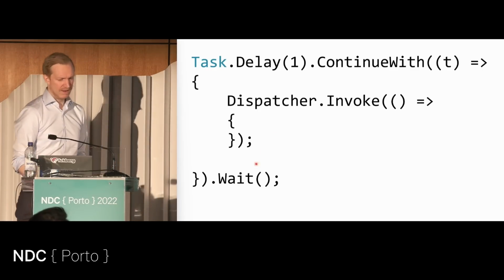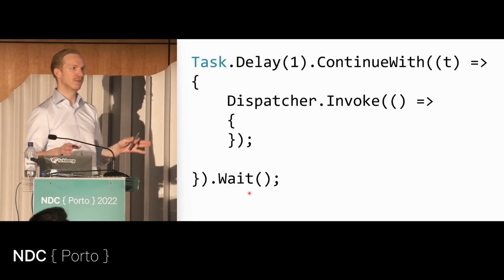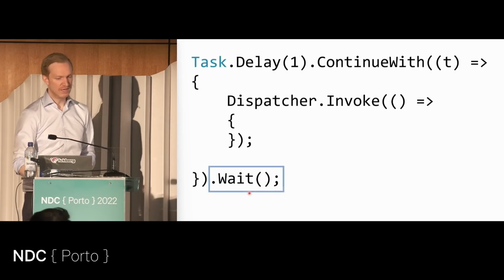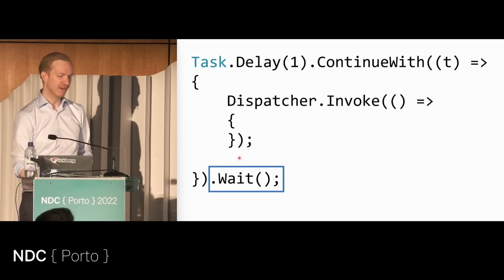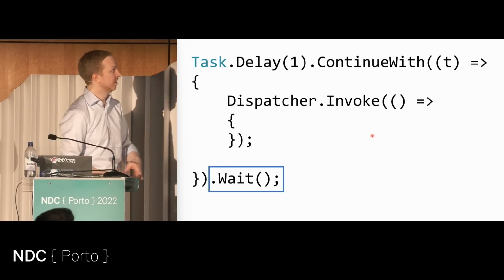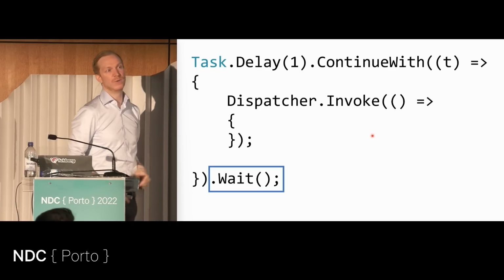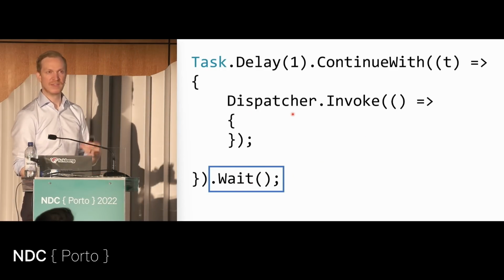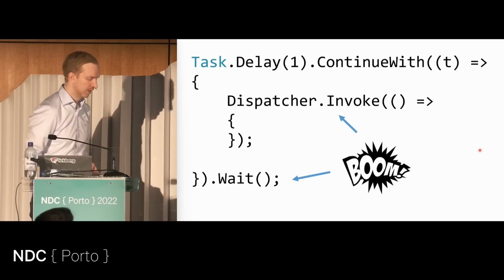But then, at the bottom here, I also say that I want to block until all of this is done. Because I'm adding the wait after this continue with, that means this continuation or this task needs to complete before I do anything else. If I block the UI thread, how would this be able to complete? It cannot communicate back to the UI thread. So therefore, we have a crash.